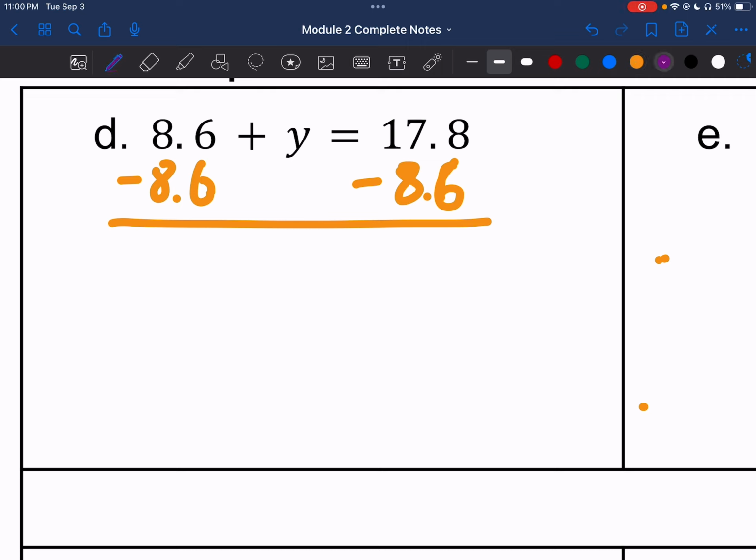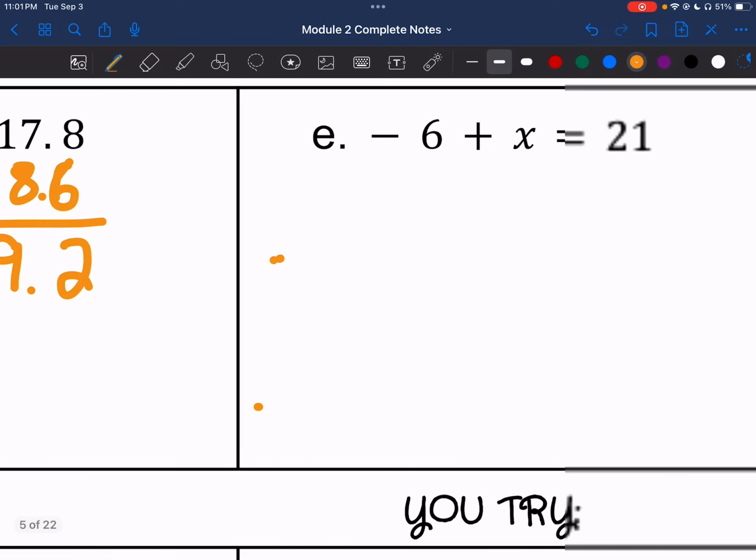When I do this, 8.6 minus 8.6 is 0, so that cancels out. And we've got y is equal to 17.8 minus 8.6, and you're going to get 9.2. So these rules even work with decimals.